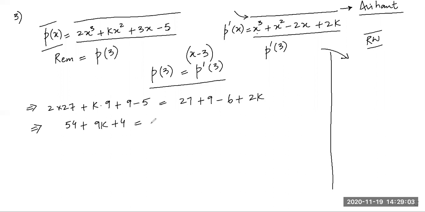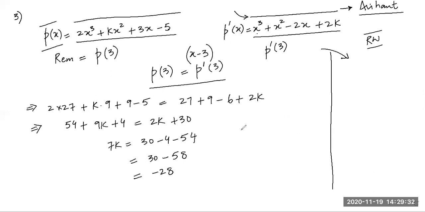Is equal to, thank you very much, beta, this is 27 plus 3 threes are 9 minus 6 plus 2k, that is 30 plus 2k. Now we will collect. Now 9k minus 2k is 7k is equal to 30 minus 4 minus 54. Am I right? So this is equal to 30 minus 58, which is minus 28.